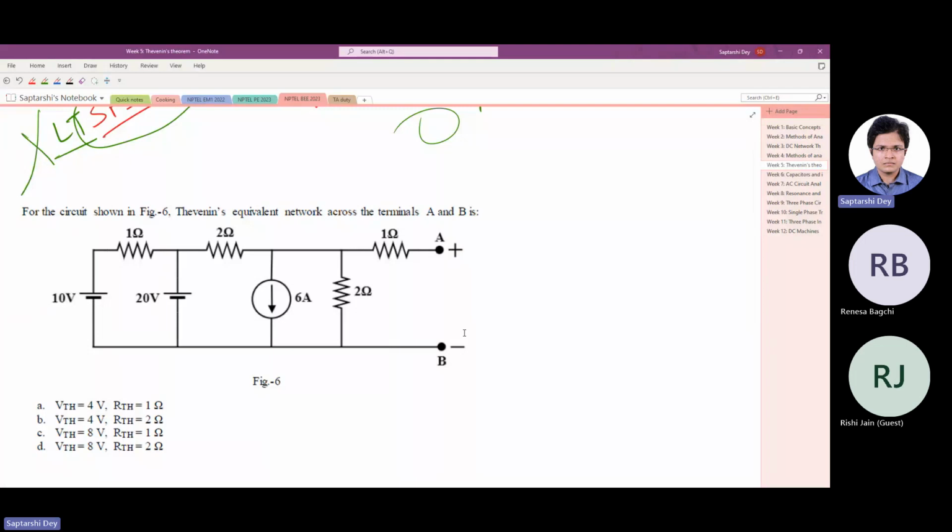We're solving the problem anyway. Thevenin's equivalent network. You keep doing, I will also keep doing, otherwise I don't catch up with you. Thevenin's equivalent network across terminals C and D. So this is an easy question because there is no dependent source.